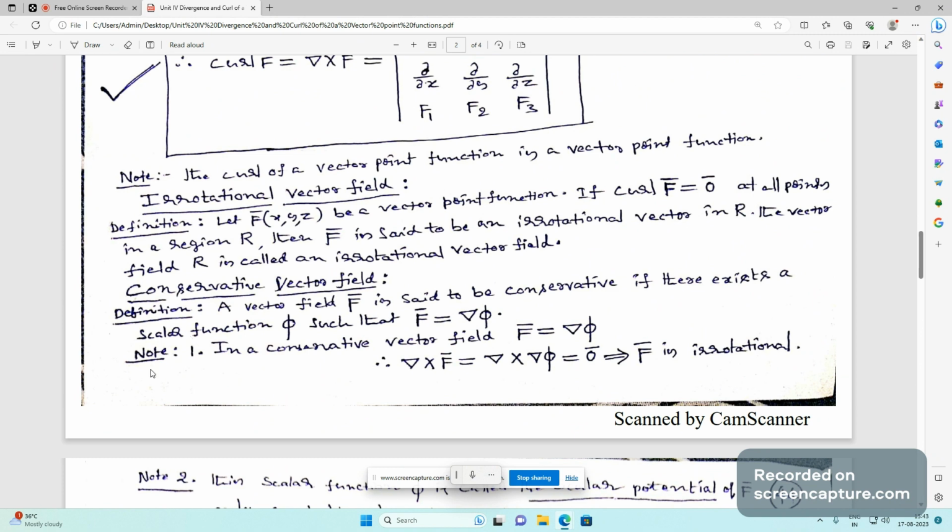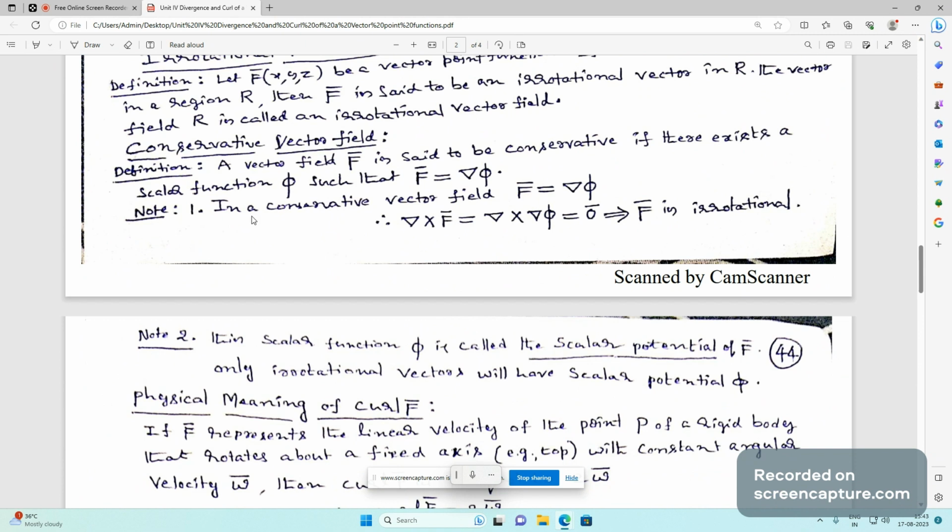So we can observe the following. The first observation: in a conservative vector field, f bar equals grad pi. So we know del cross f bar equals del cross del pi equals 0. Del cross del pi equals 0 bar, then f bar is irrotational.